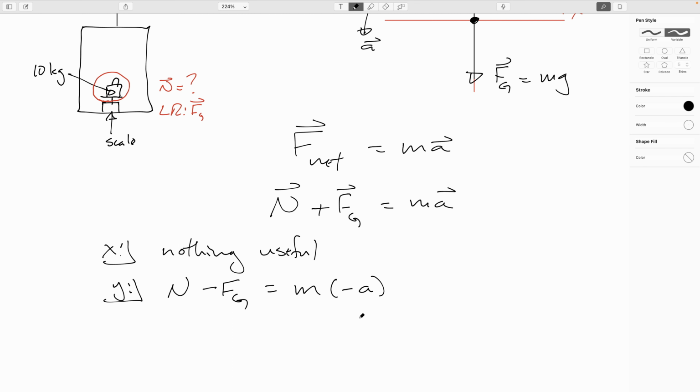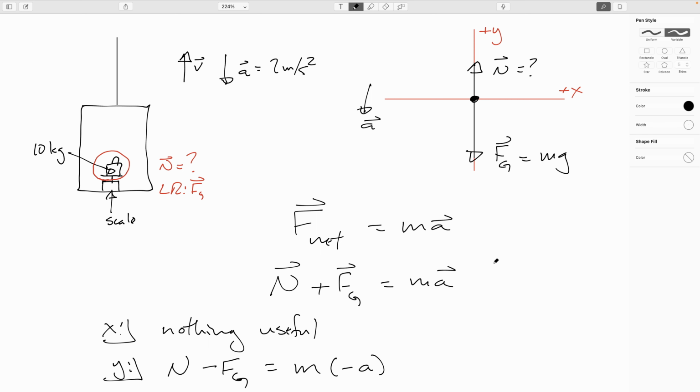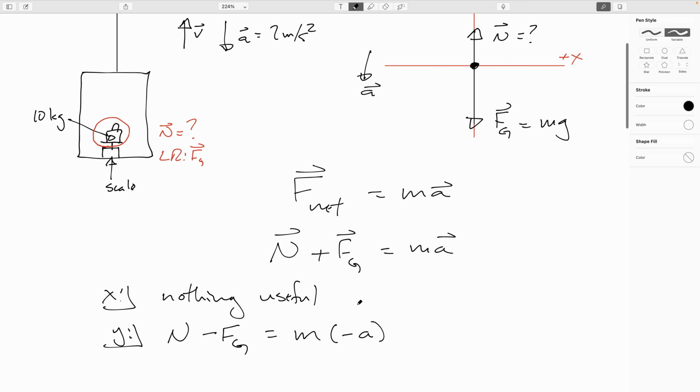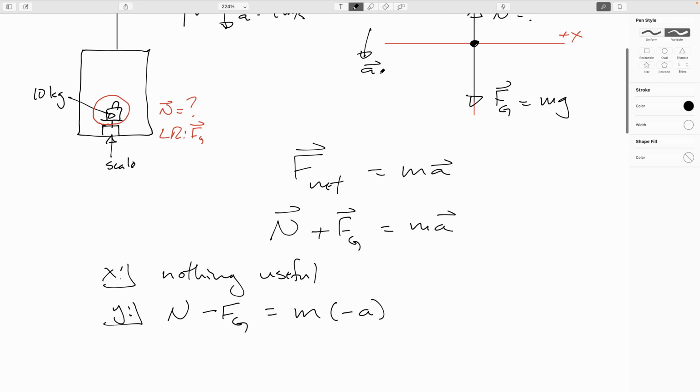So it's a matter of personal preference. If years and years of math classes have just burned into your brain that plus y has to point up and plus x has to point to the right, then go ahead and roll with that. But the cost of that will be that sometimes you'll have to add these minus signs to account for the fact that the actual acceleration is pointing down.